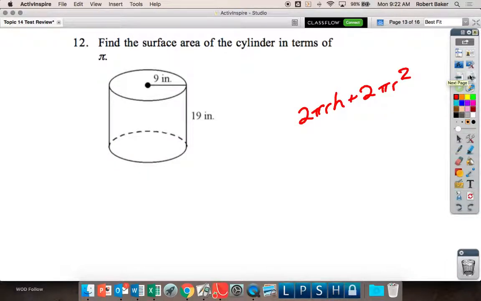Find the surface area of the cylinder in terms of pi. This one wants you to leave it as a pi answer. It is 2 pi r h plus 2 pi r squared. So take the information and plug it in where it's supposed to go. I would guess most of you will do all of that work in the calculator and then convert it at the end.